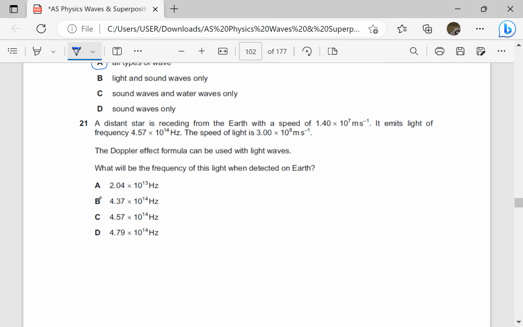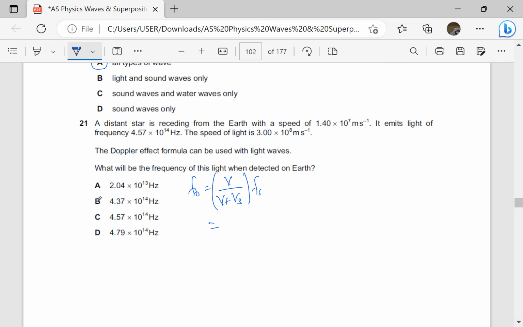What will be the frequency of the light when detected on Earth? So observed frequency is going to be V divided by V minus, because the distant star is receding, if recede is to move away, so this is going to be plus. The observed frequency is going to be lower. So plus the speed of the source times Fs. What will be the frequency of this light when detected on the Earth?